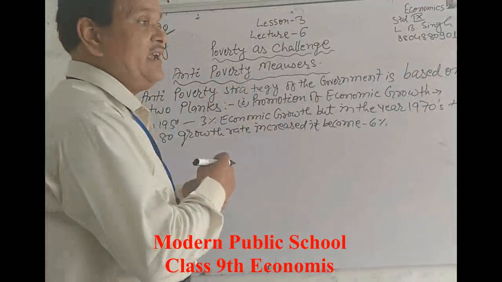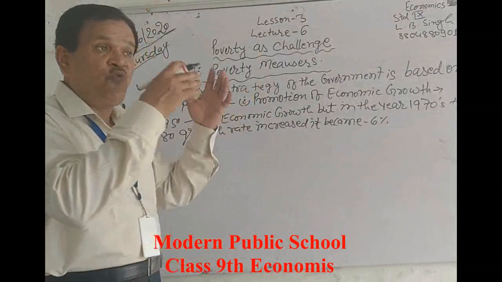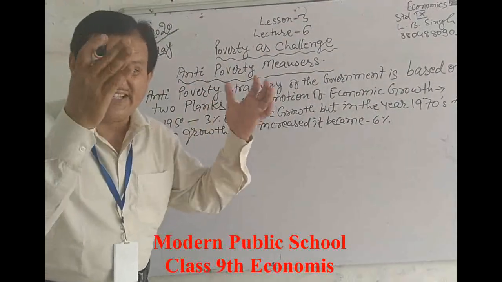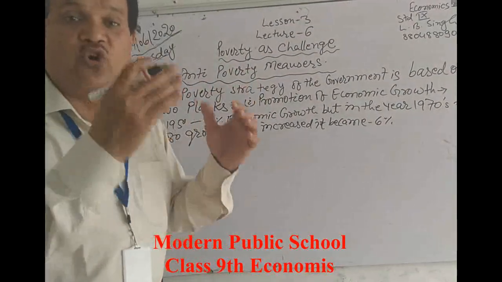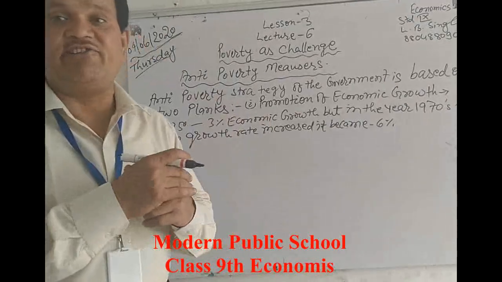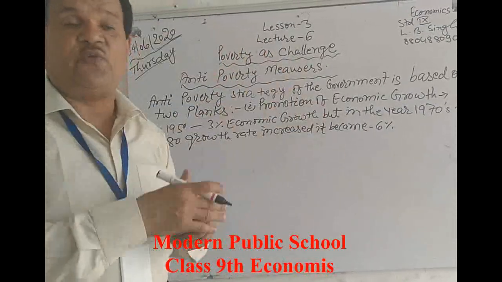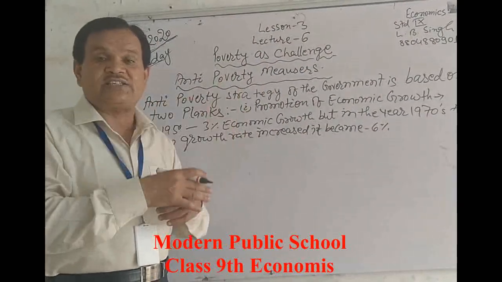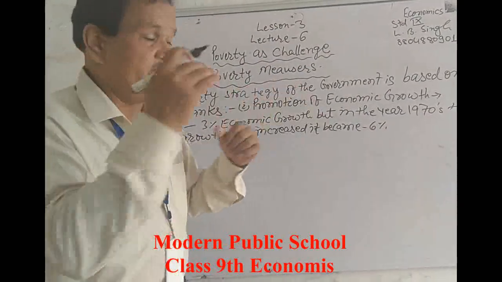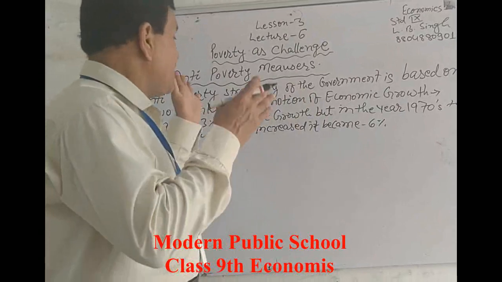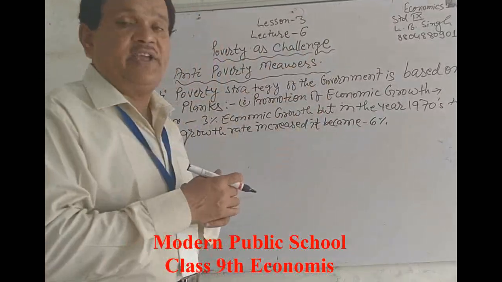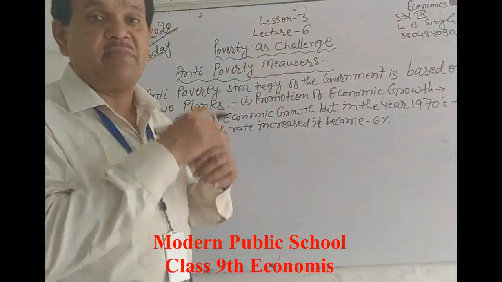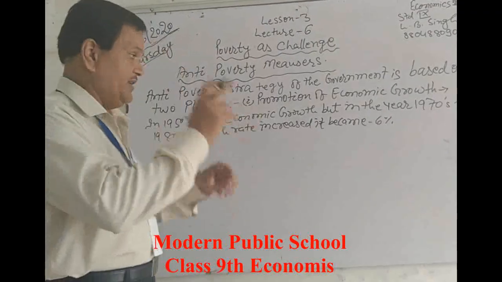From that time, in the 5-year plans, the government of India focused on poverty especially to remove it. So, promotion of economic growth was the main target of the government.